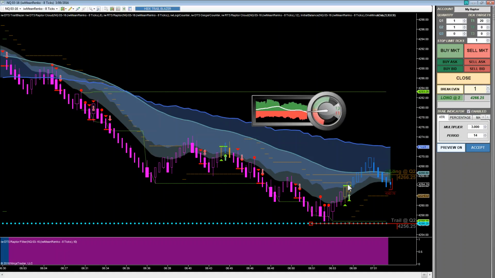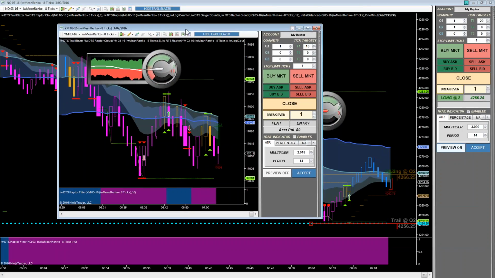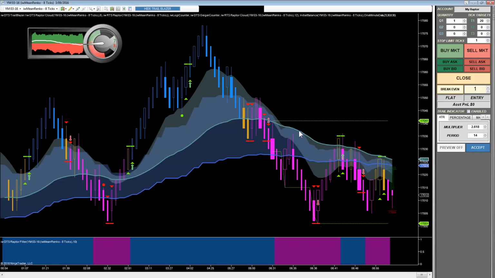Tony's asking, Eric, when you have time, what are your Raptor cloud color settings? Here, let me show you on the other Raptor chart. This is the mini Dow on the Raptor. And you can see the mini Dow is not quite as active as the NASDAQ this morning, just kind of sideways.